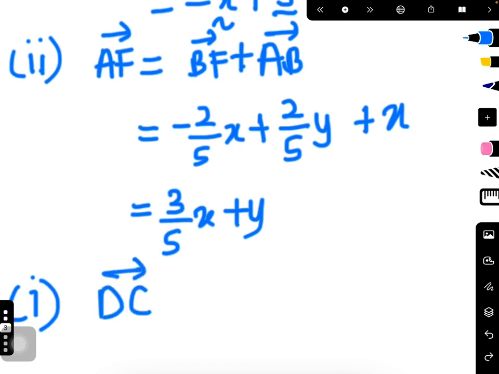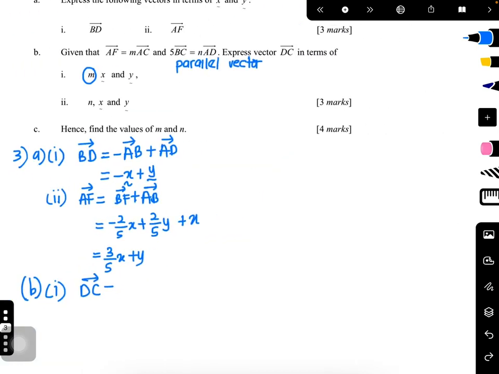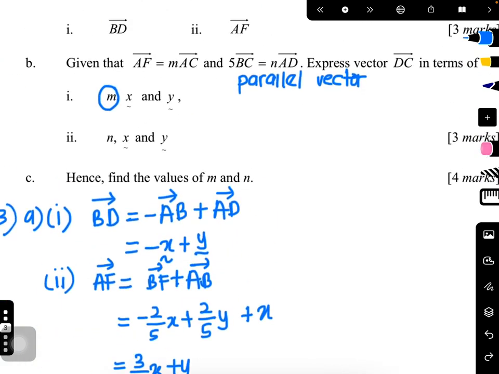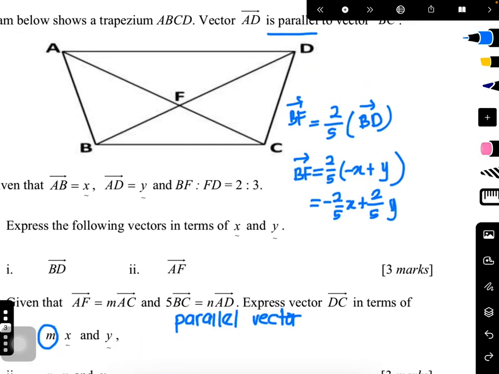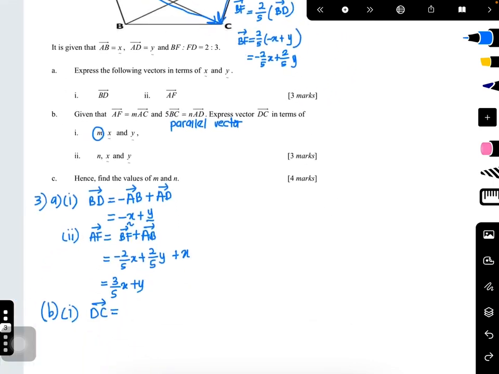Vector DC equals, how can we find DC? We can use AD. We can also use AC. So we will get DC. AD plus AC equals DC.